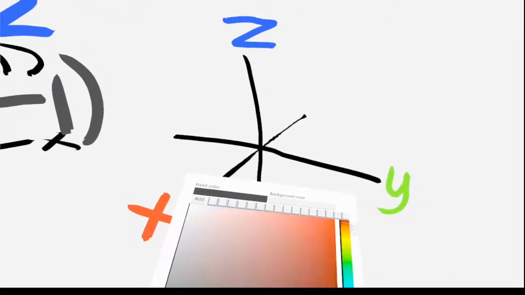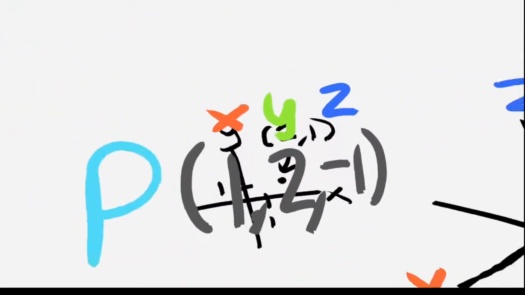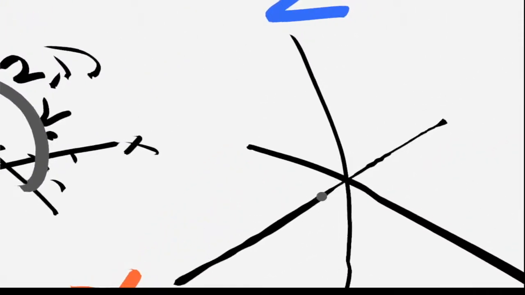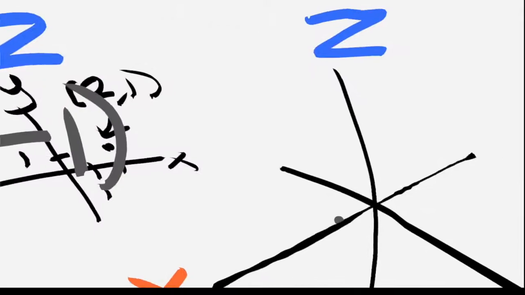First, what we want to do is find where X is. This is going to be your positive X. This is your negative X. So +1 would be right there. Okay, that's your X is equal to 1, and your Y is equal to 2, so it's going to be somewhere over here.